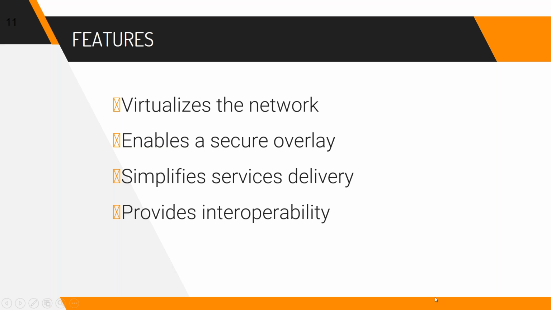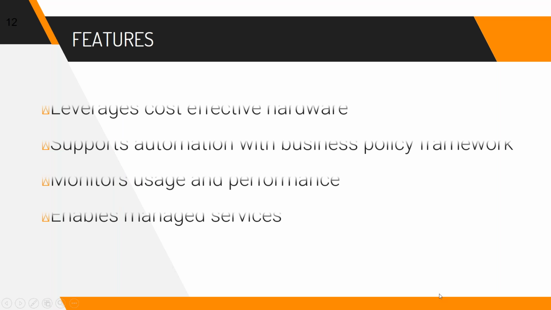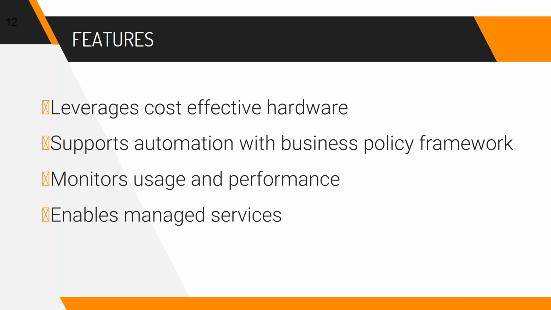Couple of other things here we are seeing features of. We've got automation with business policy framework, and what that allows us to do is bring the same policy framework across from one device to another.